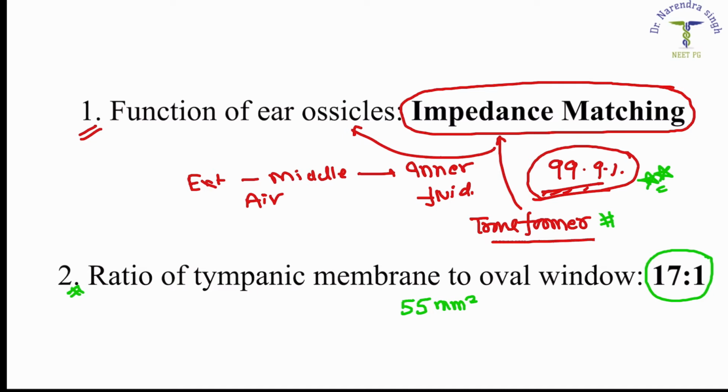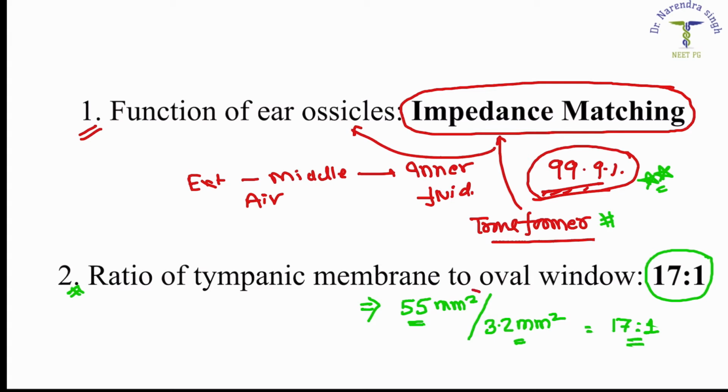And the area of the footplate of the stapes, which covers the oval window, is 3.2 mm square. So the ratio of tympanic membrane to oval window is actually the ratio of the effective vibratory area of the tympanic membrane, 55 mm square, and 3.2 mm square, the area of the footplate of stapes, resulting in the ratio of 17:1.